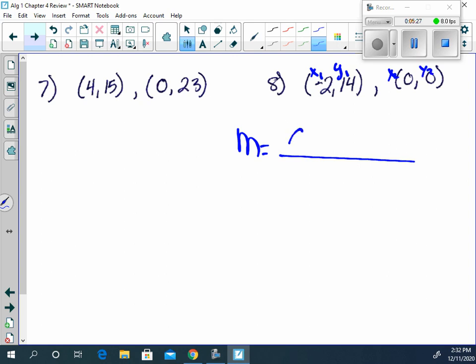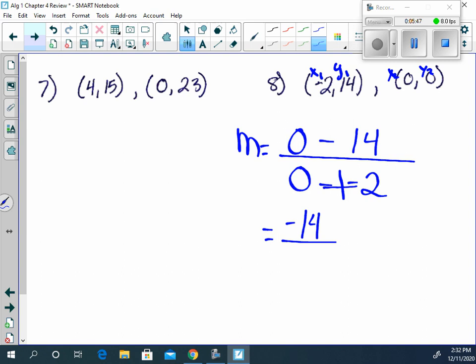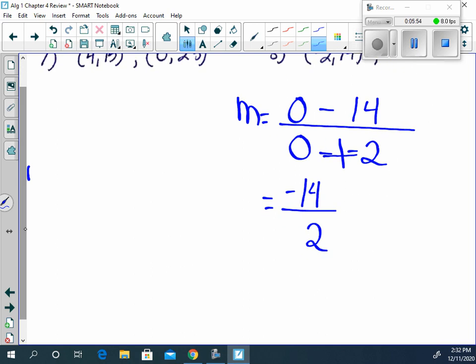So it's y2, 0, minus y1, which is 14, over x2 minus x1. Well, 0 minus 14 is negative 14. A negative and a negative make a positive, so this is over 2. Negative 14 divided by 2 would be negative 7, so negative 7 is our slope.